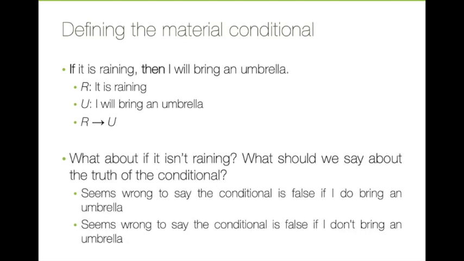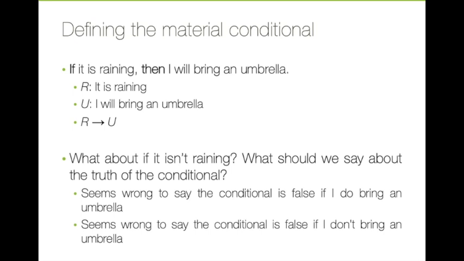We also have to consider the truth value of the whole conditional when the antecedent is false. So in this example, when it isn't raining, what should we say about the truth of the whole sentence? It seems wrong to say that the conditional is false if I bring an umbrella when it isn't raining. And it seems wrong to say that the conditional is false if I don't bring an umbrella when it isn't raining.